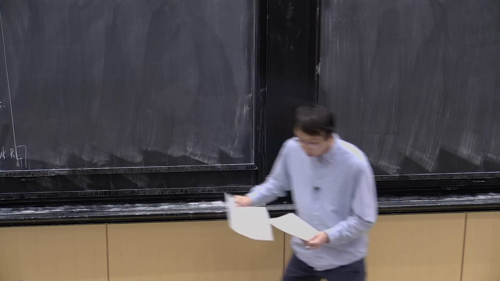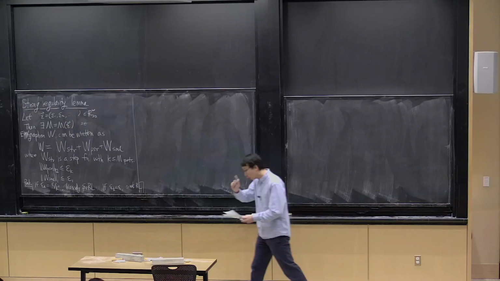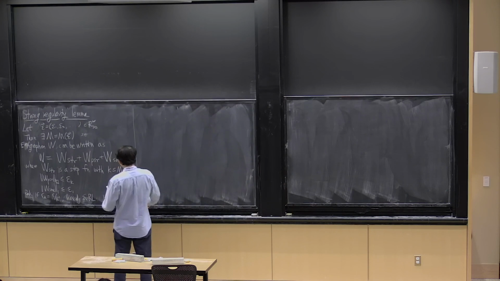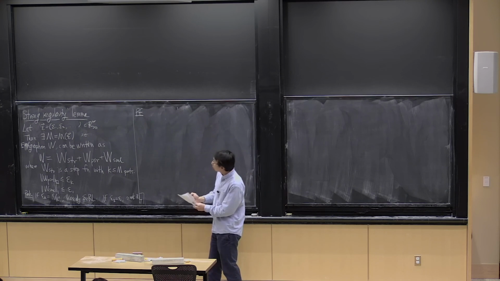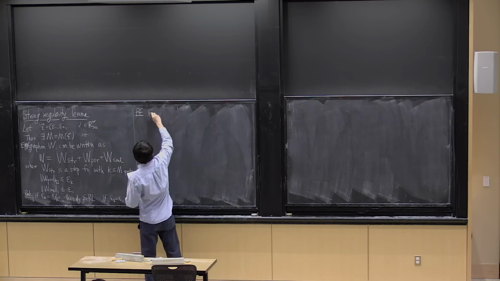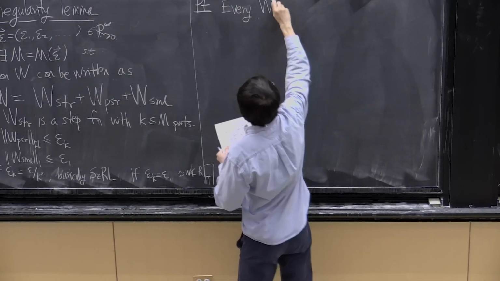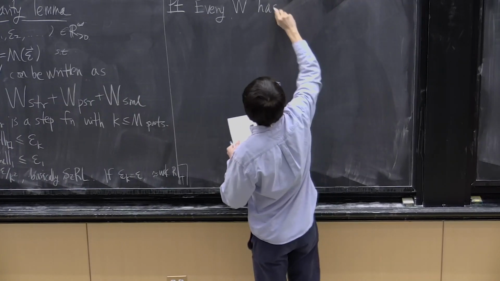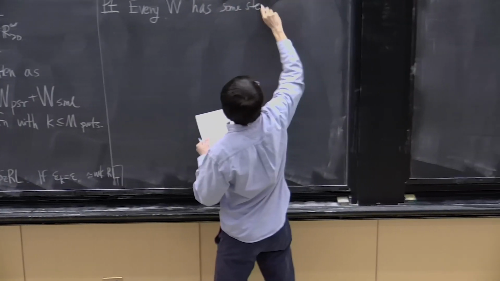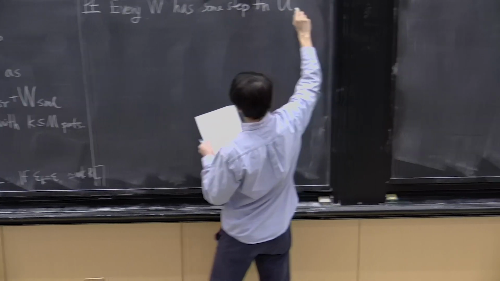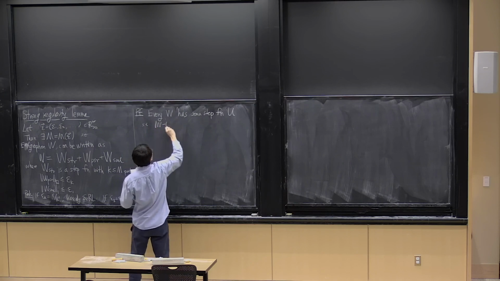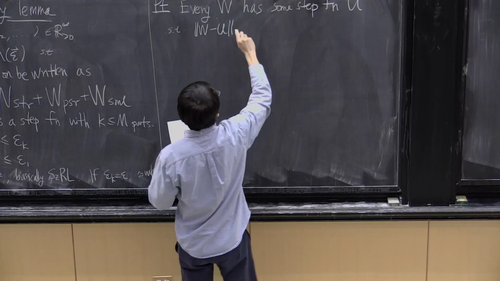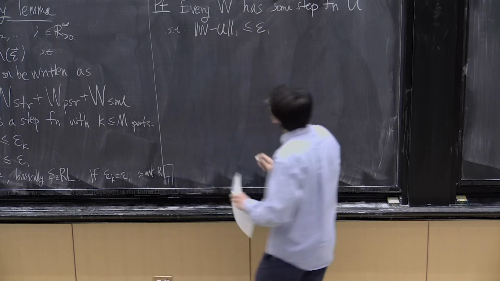All right. So how to prove this claim? We're going to use compactness again. So first, there always exists an L1 approximation so that every W has some step function U associated to it such that the L1 distance between W and U is at most epsilon_1.